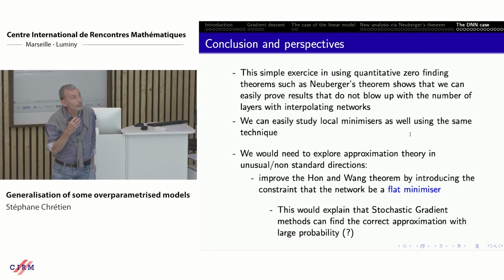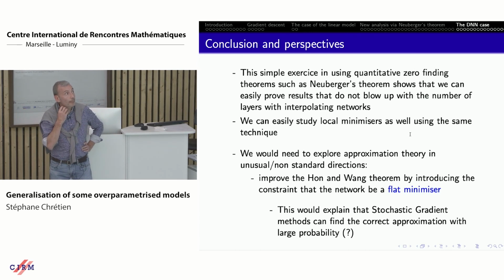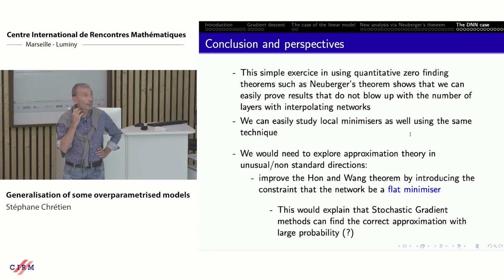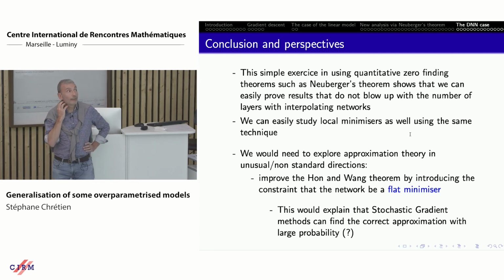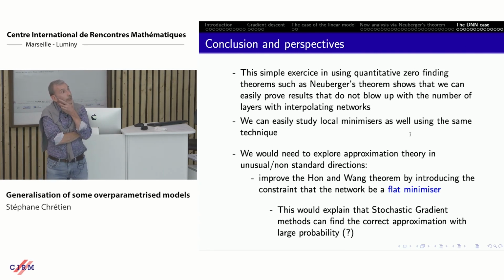I think that's okay. So, as you see, this is a very simple exercise, and this is fun. So Neuberger's method is a very nice tool. I think it can be applied to several statistical estimation problems. As you can see, it adapts also to the case where you have overparametrized settings for various models.